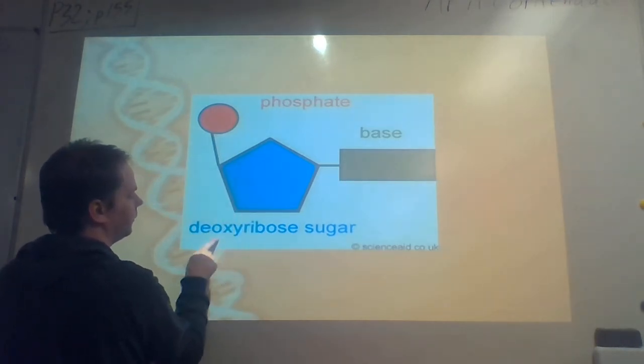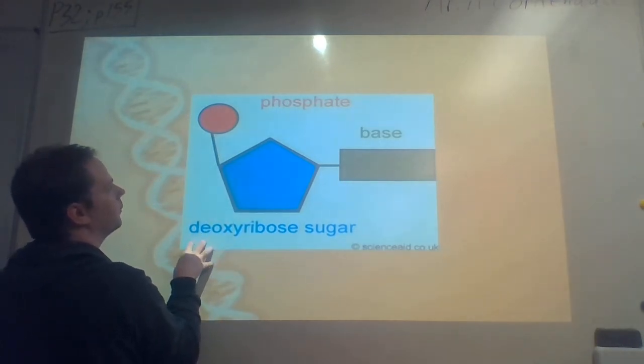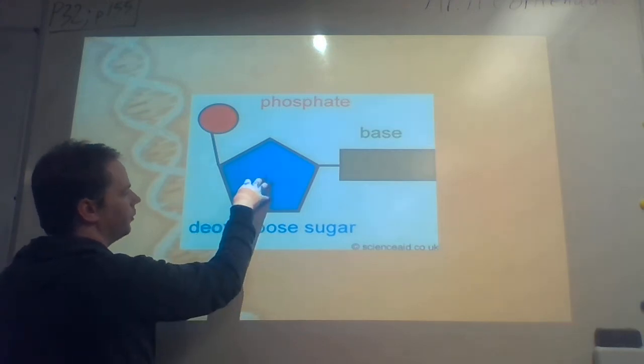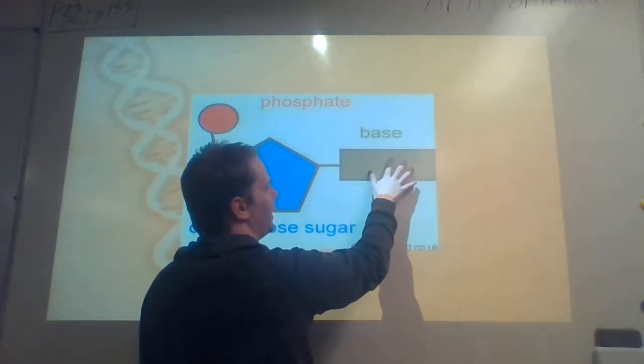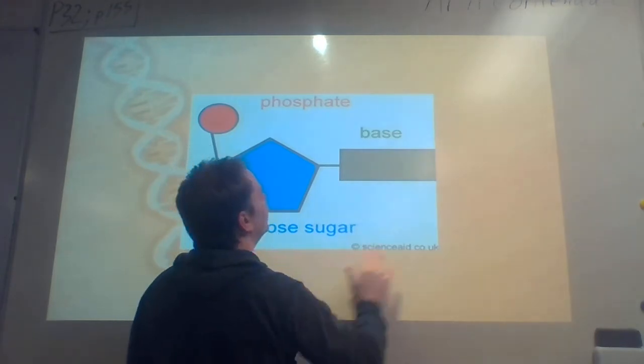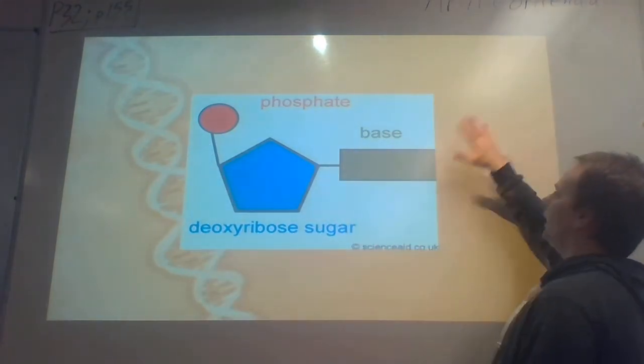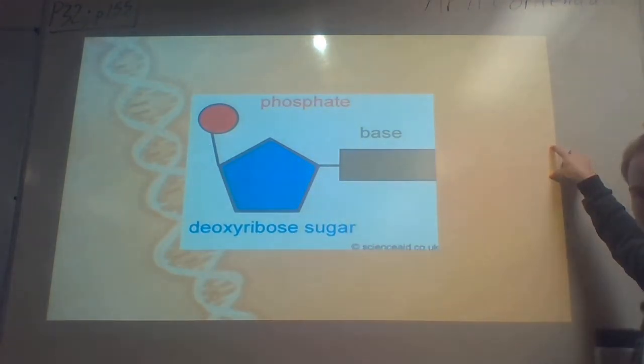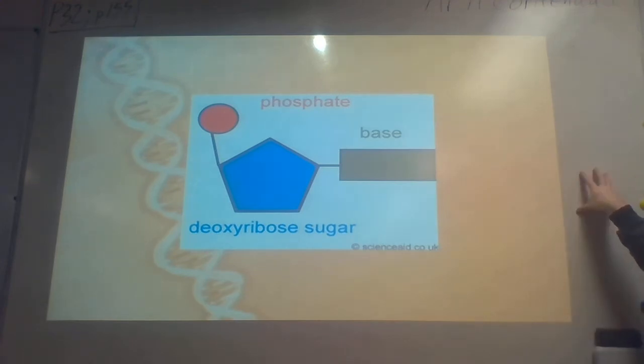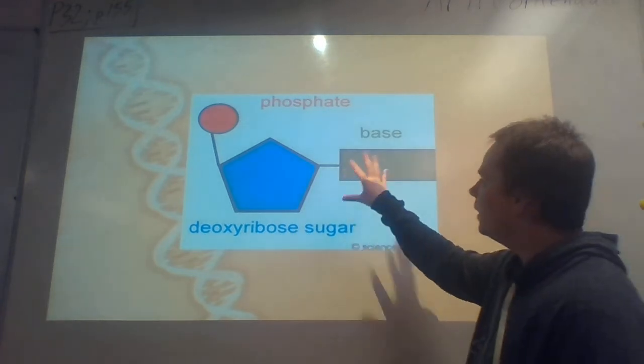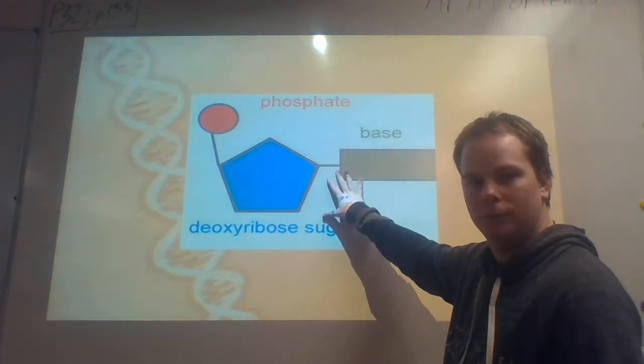It would bond like this, to another pentose or another phosphate here. It bonds to the sugar, and then the sugar has a base, and then there is a mirror image of this on the other side with another base, then a pentose sugar, and a phosphate attached to the bottom.